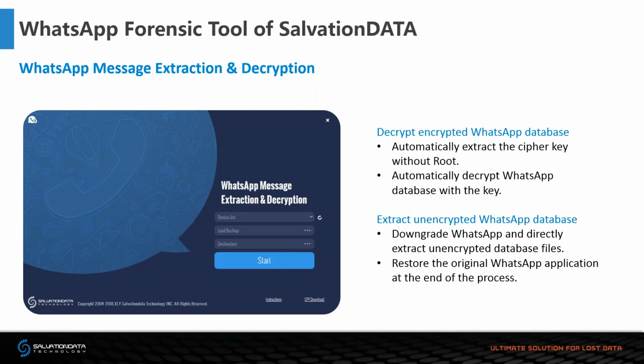The backup files will include unencrypted database files which can be analyzed directly, and will also include the key file which can be used to decrypt encrypted WhatsApp database files created by WhatsApp's built-in backup feature. The tool will carry out the whole process automatically. All we need to do is to allow several permissions on the phone. This makes WhatsApp forensics much easier for people who know little of the professional skills.